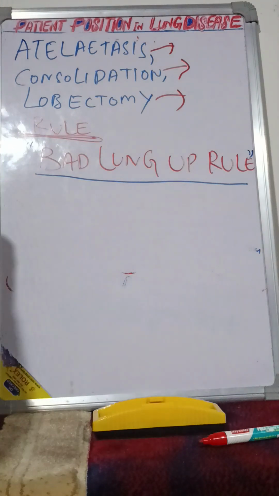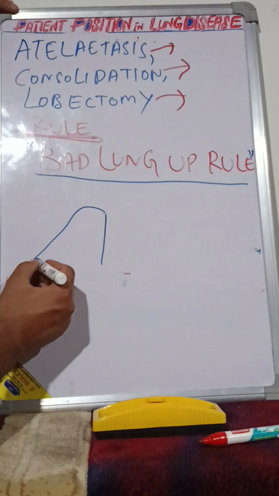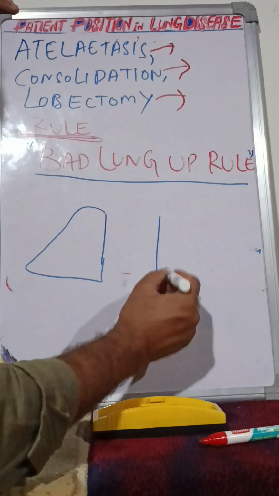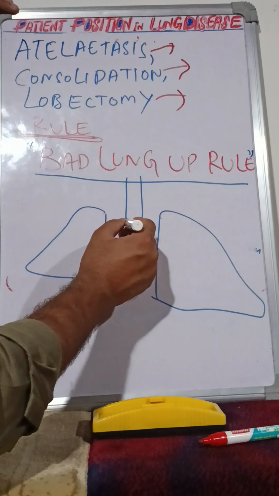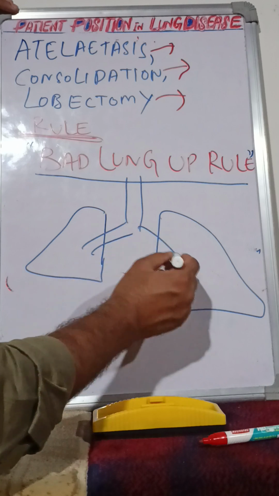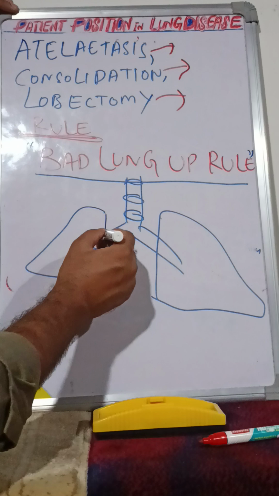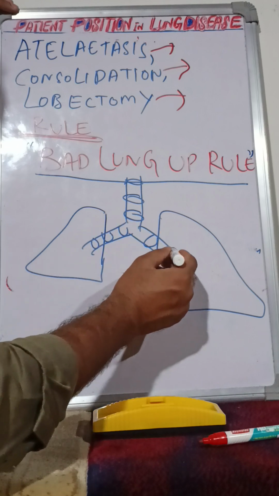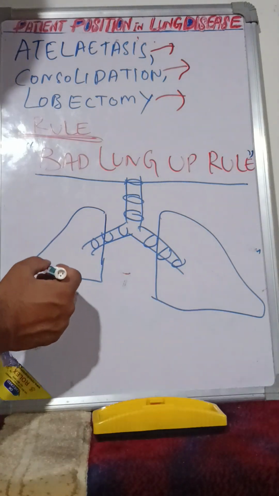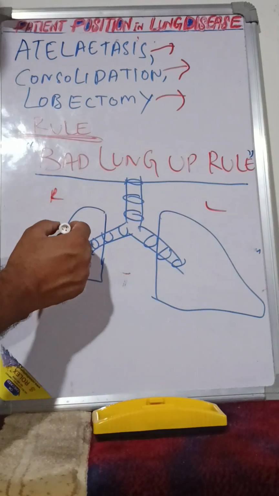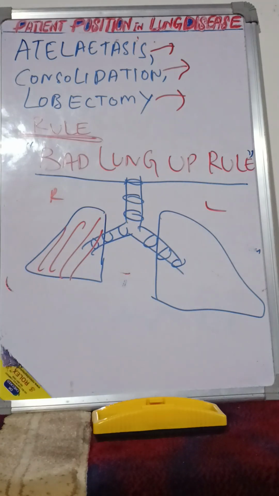In every condition, for example, if these are two lungs, this is the trachea, these are primary bronchi, and this is the right lung and the left lung, and the right lung is affected while the left lung is normal.